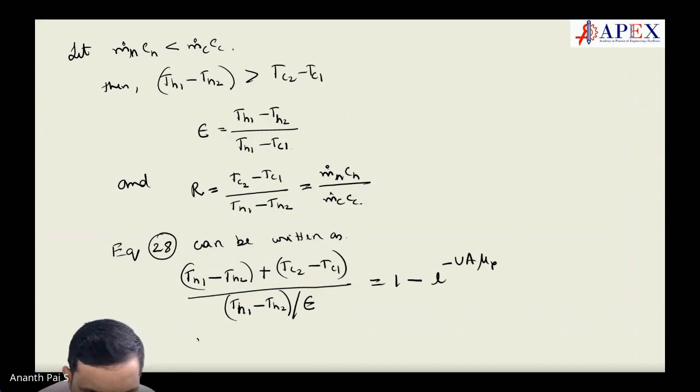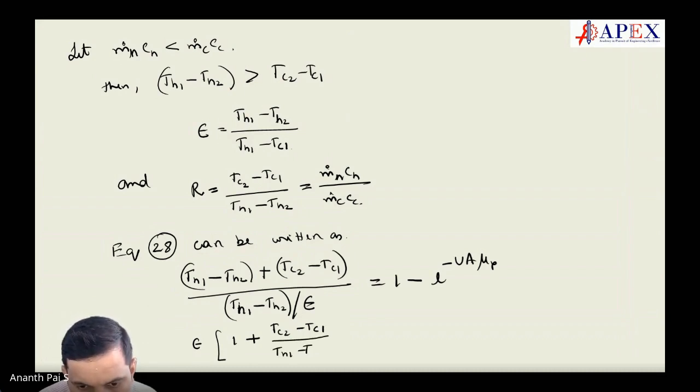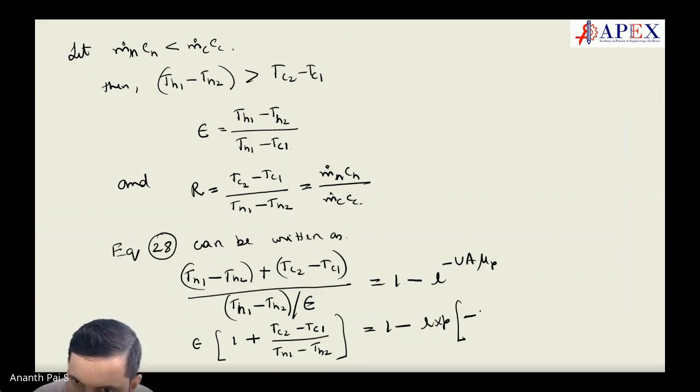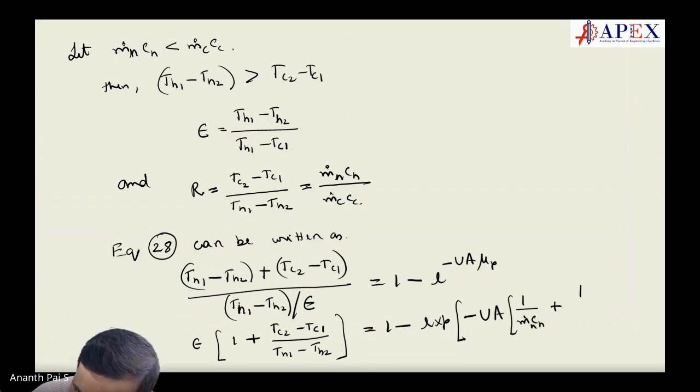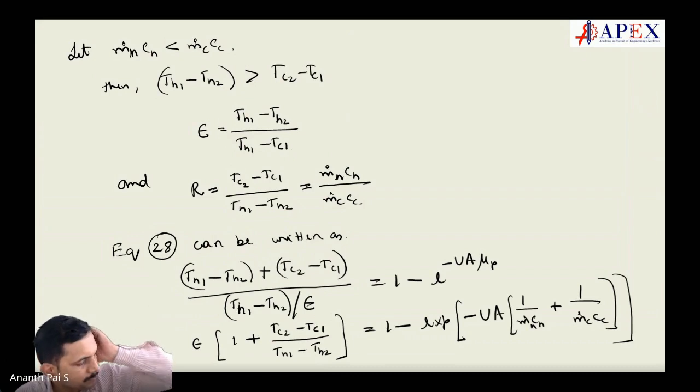Now this can be written as epsilon into 1 plus (Tc2 minus Tc1) divided by (Th1 minus Th2) is equal to 1 minus exponent of minus UA (1 by m dot h Ch plus 1 by m dot c Cc). Correct? Fine till here.